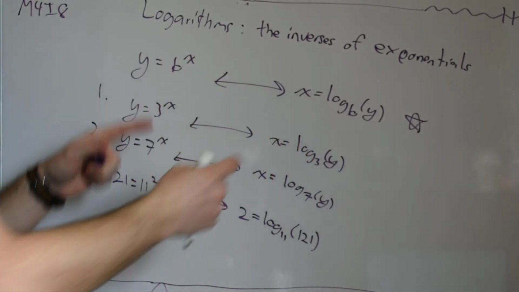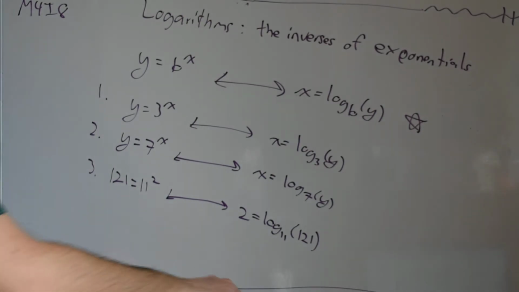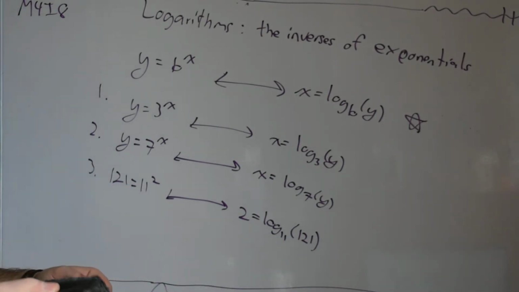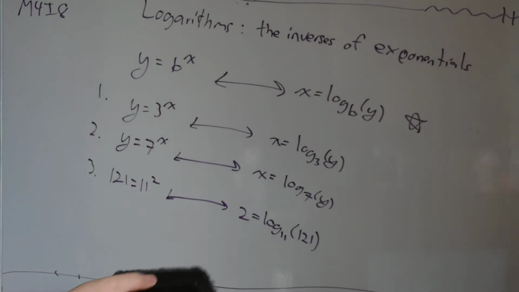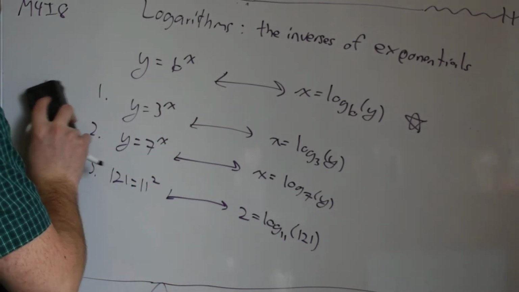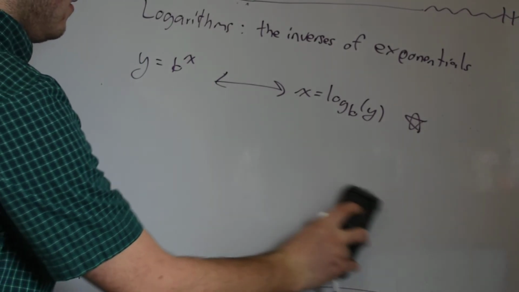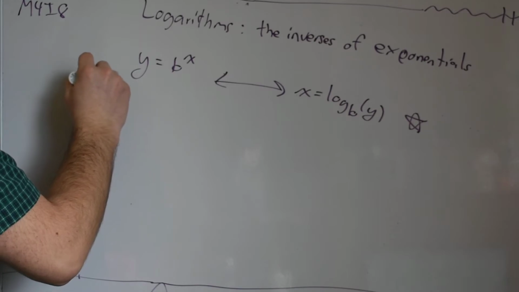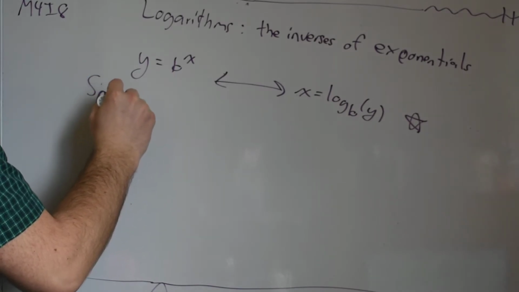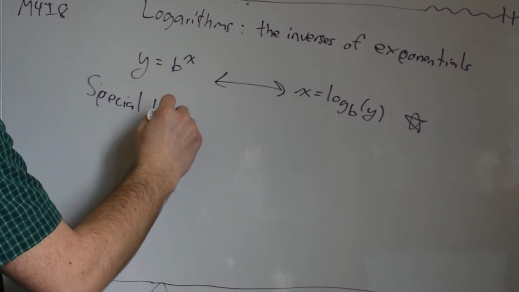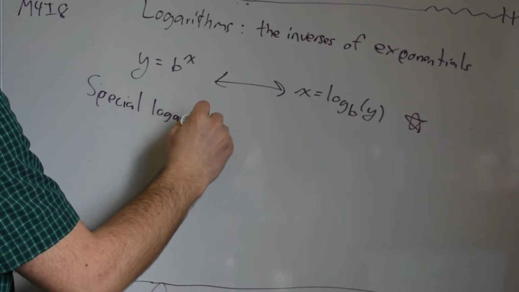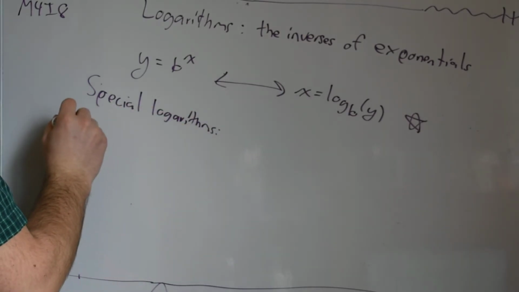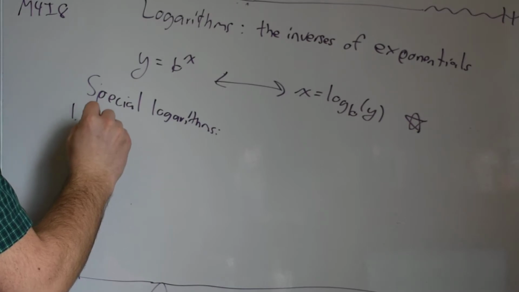Now, there are two logarithms that are so common that they have special notation. There's a special way to write them. So, special logarithms. The first one is called the common log.